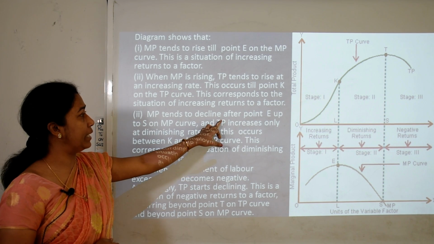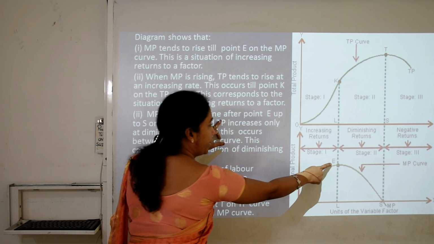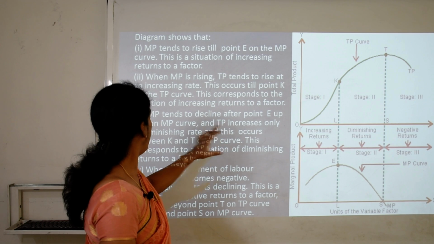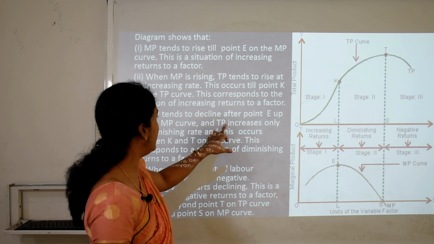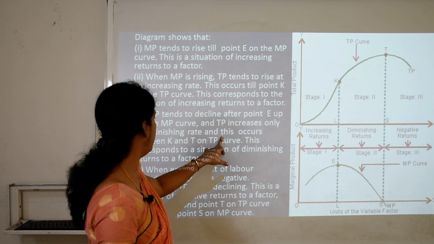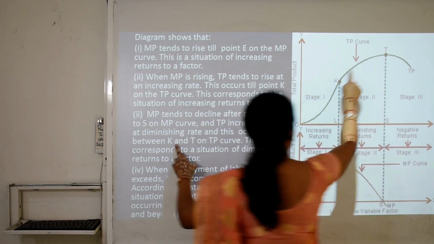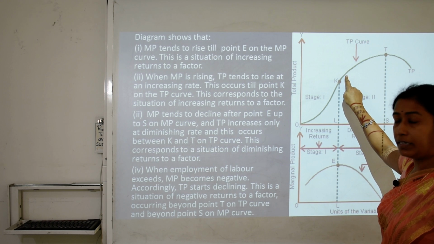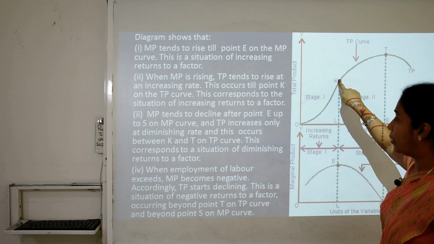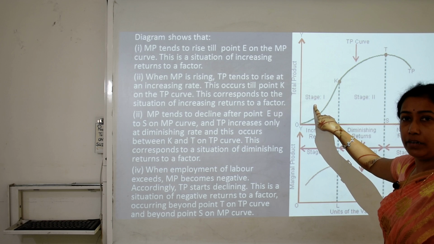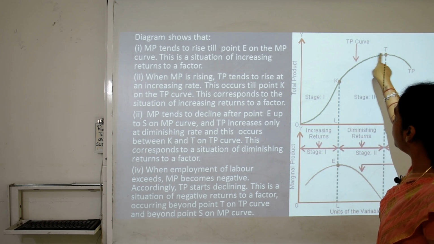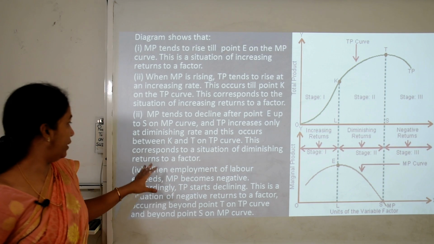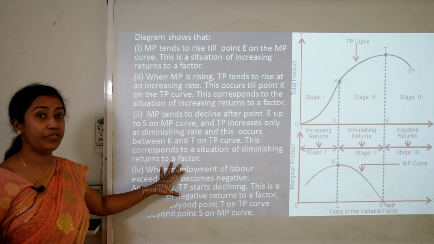Marginal product tends to decline after point E up to point S on the MP curve, and TP increases only at a diminishing rate, and this occurs between K and T. That is, total product is increasing but now at a decreasing rate. First it was increasing up to K, that is stage 1, at an increasing rate, then from K to T the total product curve is increasing but at a decreasing rate, and this corresponds to a situation of diminishing returns to a factor.